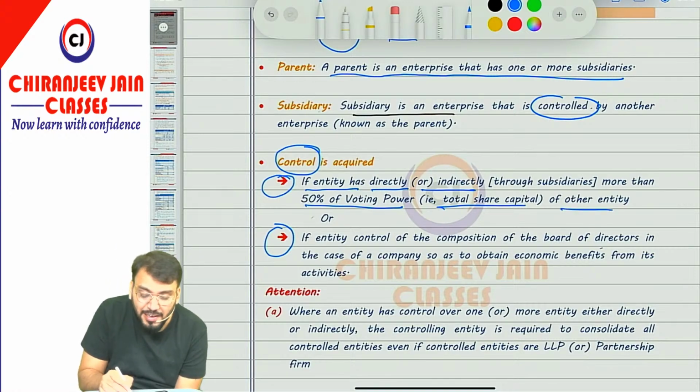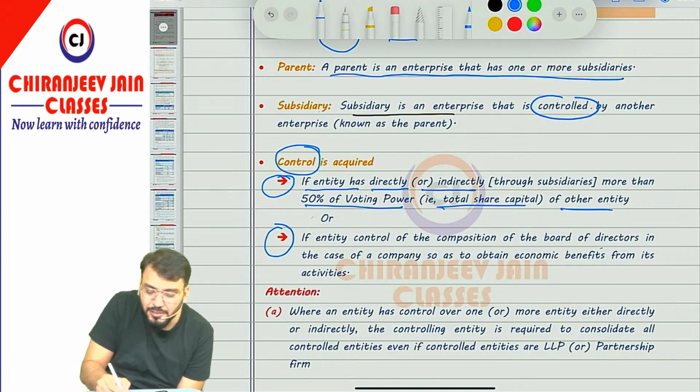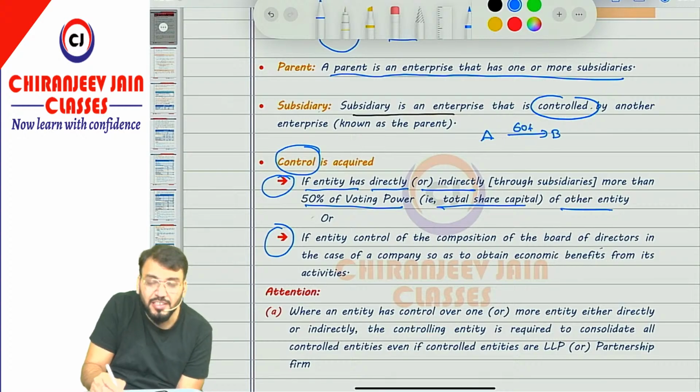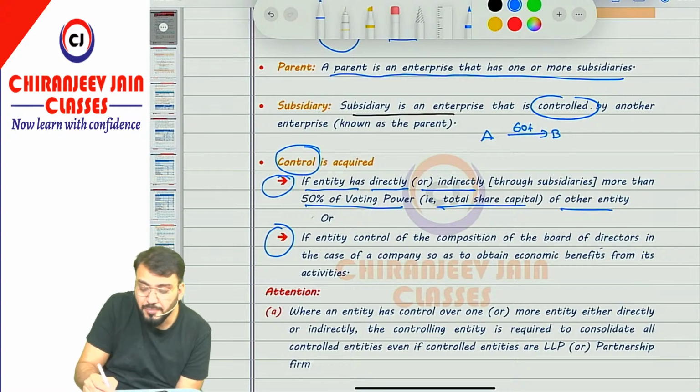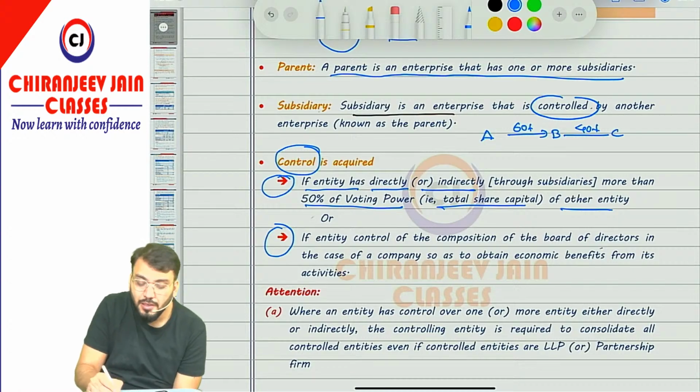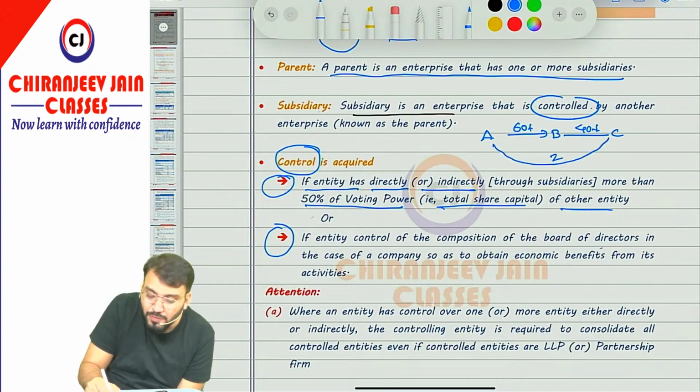Now it is given directly or indirectly. Directly means if A is holding 60% of B, we say it is direct holding. But sometimes B is holding, just try to understand, B is holding 40% of C and A is directly holding 20%.